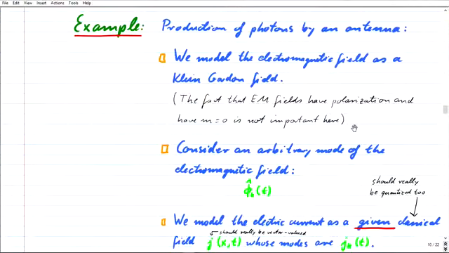So now let's consider an arbitrary mode of the electromagnetic field, phi k of t. It's the mode oscillator of the electromagnetic field for a particular wave vector, particular plane waves.